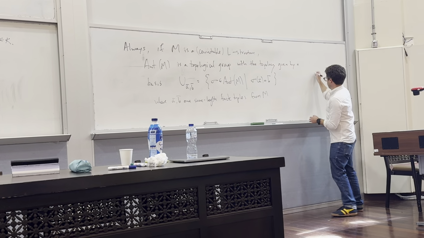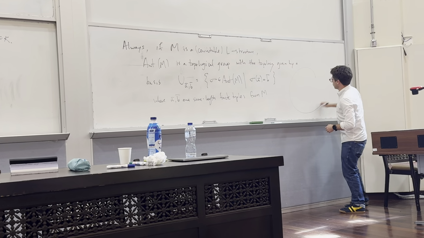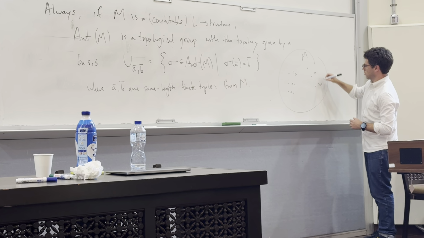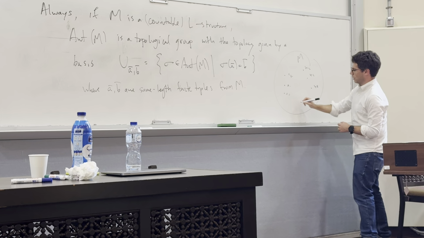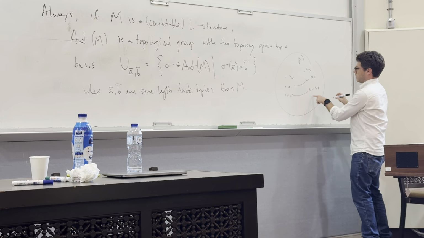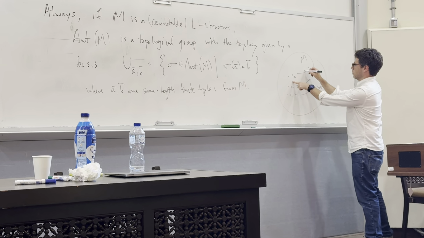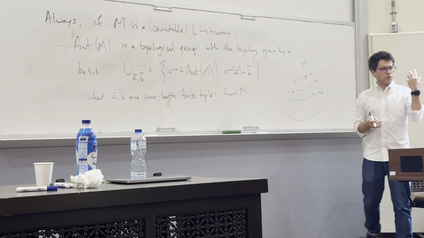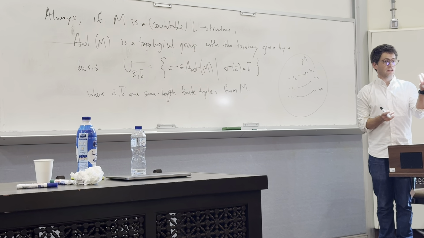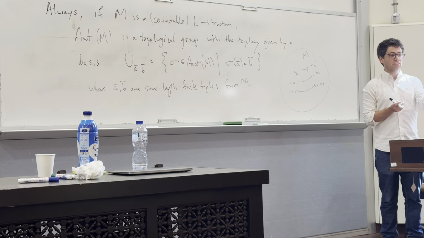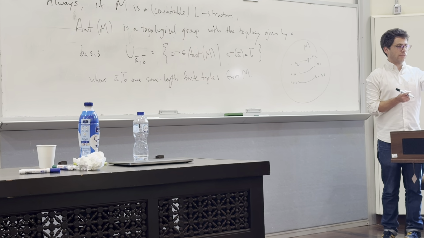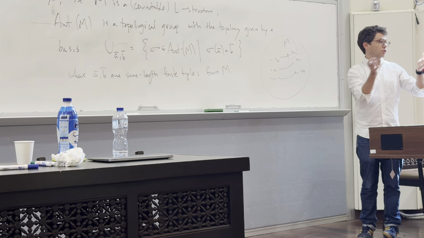Okay, so we imagine that we've got some M here, and I take some points, let's say a0, a1, a2, and then I've got some other points over here, b0, b1, b2, and I look at all the automorphisms that send a0 to b0, a1 to b1, and a2 to b2, and I declare that that's an open set. So this is like saying, if you can specify finitely much information about what an automorphism does, I tell you how it acts on a finite tuple, and the set of automorphisms that agree on that behavior form an open set. And this gives you a topology for the group.